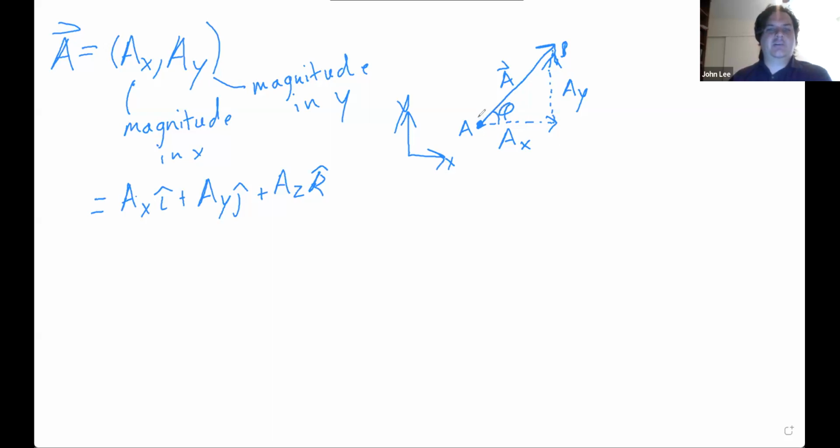And then another thing to note is the commutative property, where if you go up AY first, and then go to the side AX after that, then that's still going to get you from A to B. So AX plus AY equals AY plus AX.